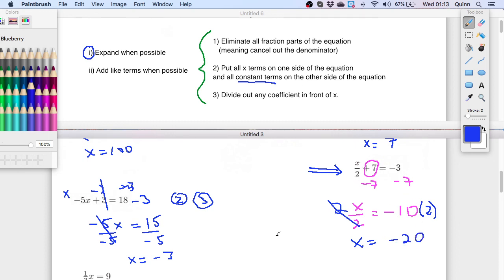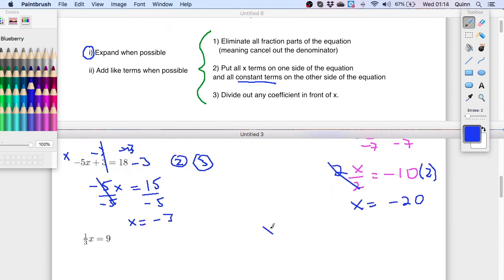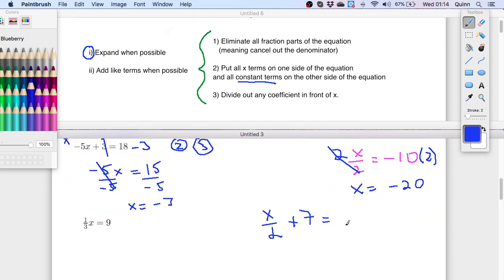It's possible, if you want to see what would happen using rule 1 first, what I would have to do is multiply this term here, multiply this term here, and multiply this term here. This would get rid of my fraction bit, but I would add this bit here, plus 14 is equal to negative 6.